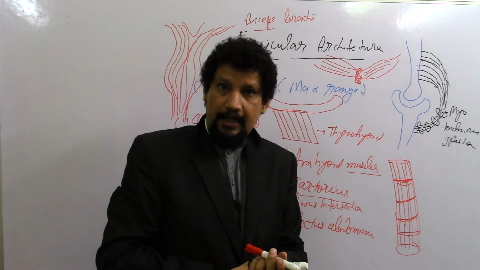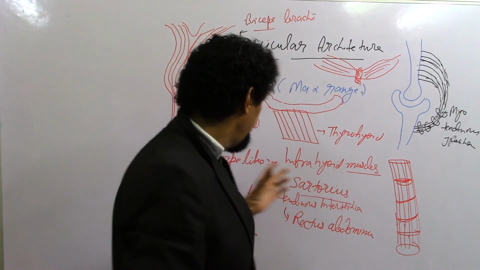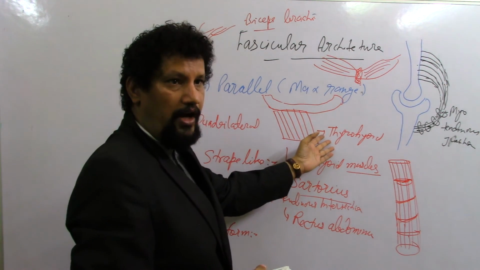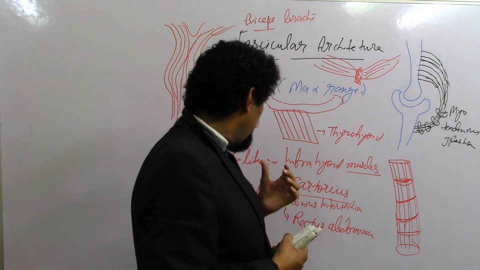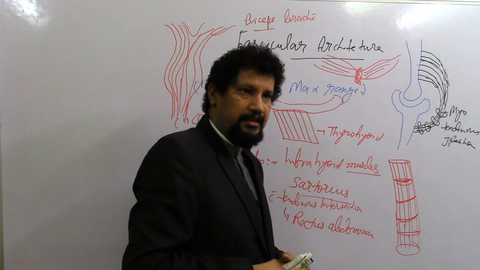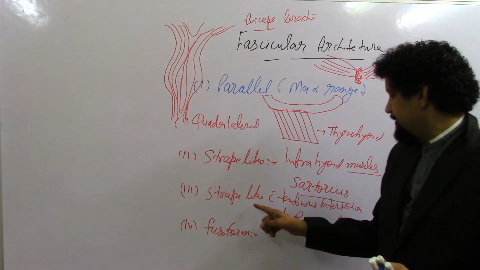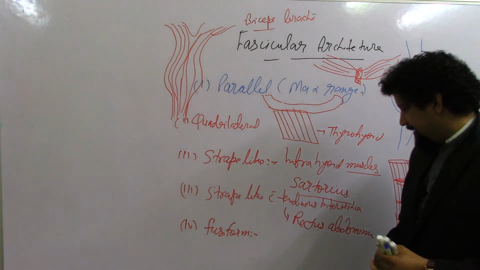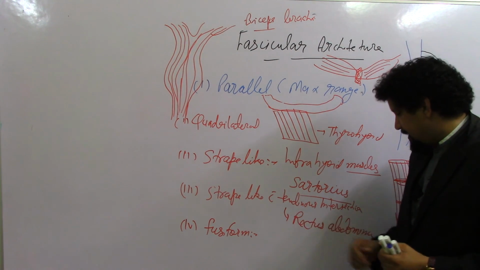So the parallel architecture of muscle fiber is of different types. They may be quadrilateral, as seen in the thyrohyoid muscle, or strap-like, a pattern seen in the infrahyoid muscles and the sartorius muscle, or strap-like but with tendinous intersections, a pattern seen in the muscle of the anterior abdominal wall, the rectus abdominis.